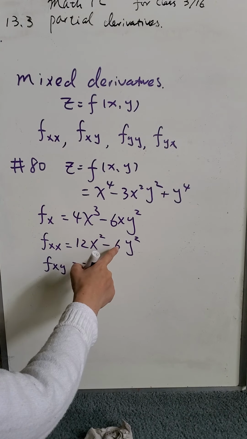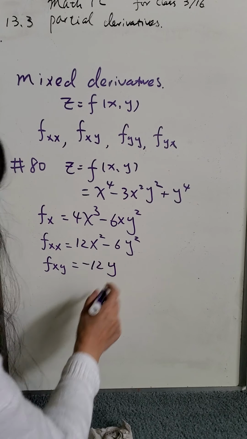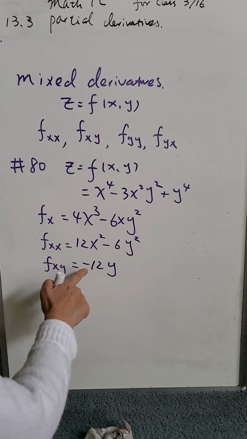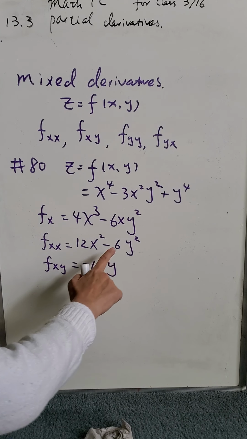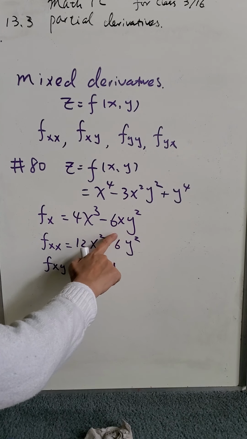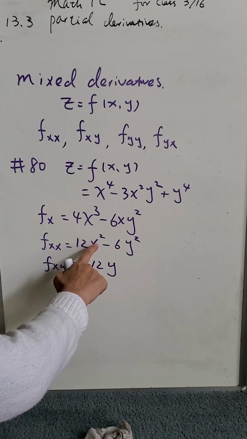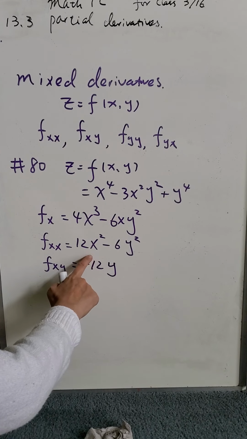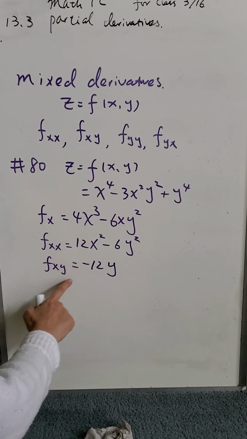Let me see, this is 12, yes. 12 for x, 4x here minus 6x squared, and then fx again, so that'd be, yes.